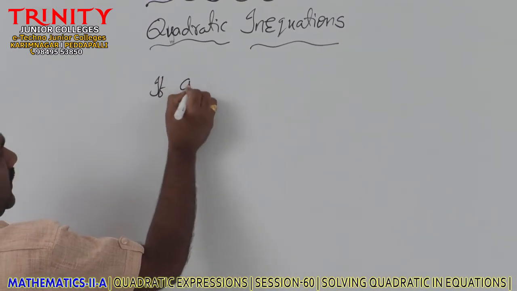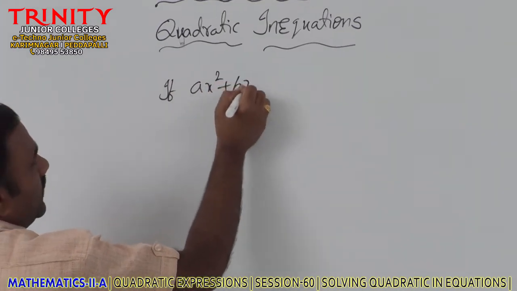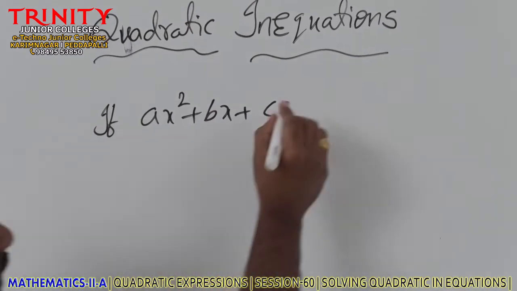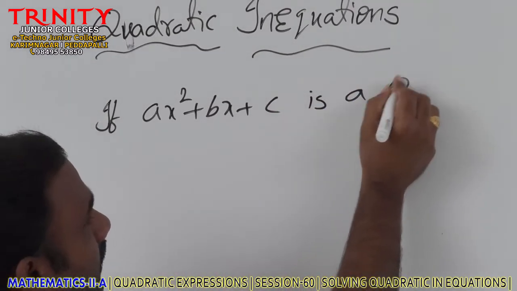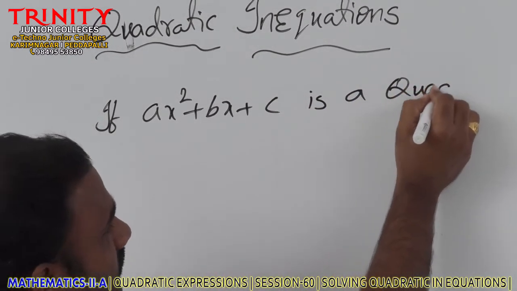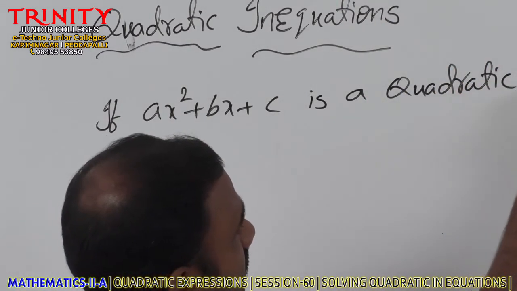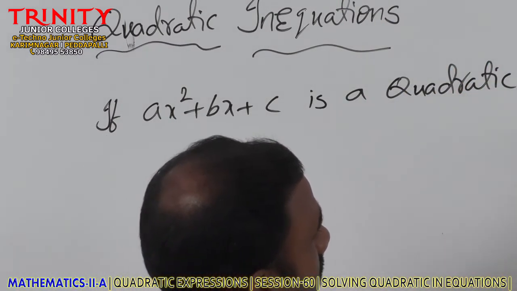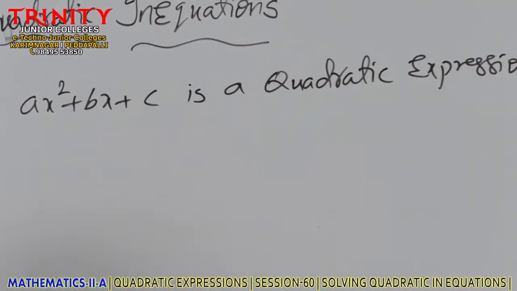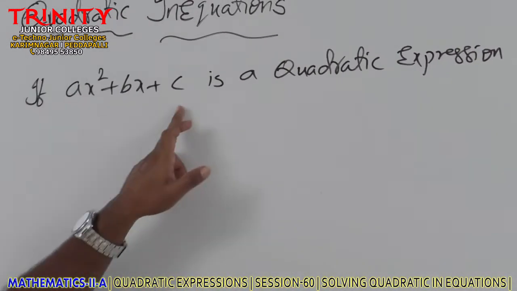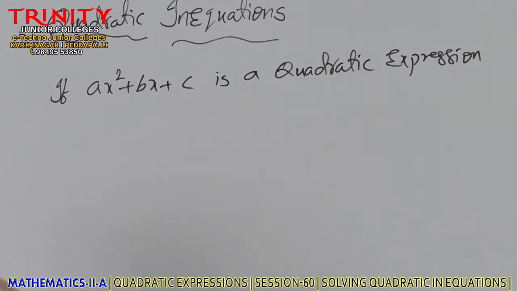If ax square plus bx plus c is a quadratic expression, and if ax square plus bx plus c is equal to 0, then we call that a quadratic equation.